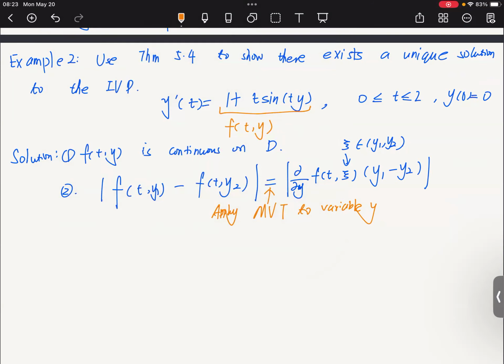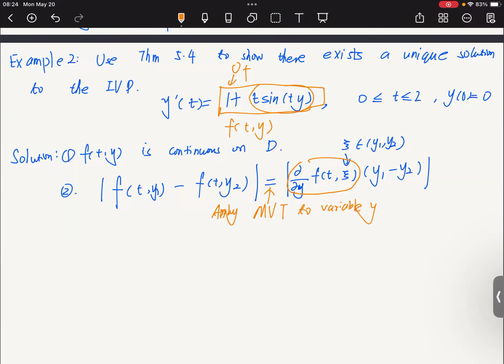We are going to calculate the partial derivative of the f function with respect to the variable y. The derivative of the first term, 1, is just 0. For the second term, with respect to y, we treat t as a constant.